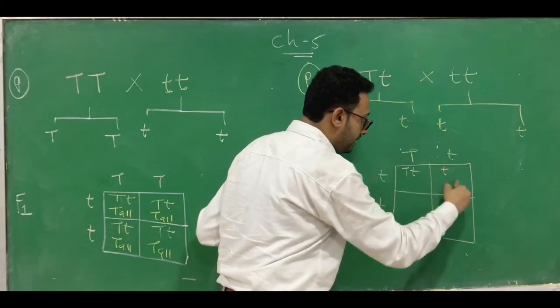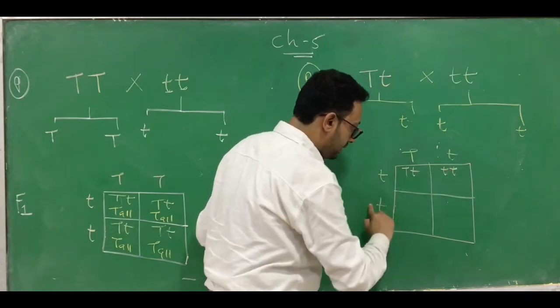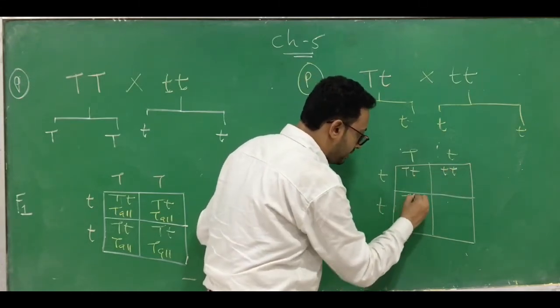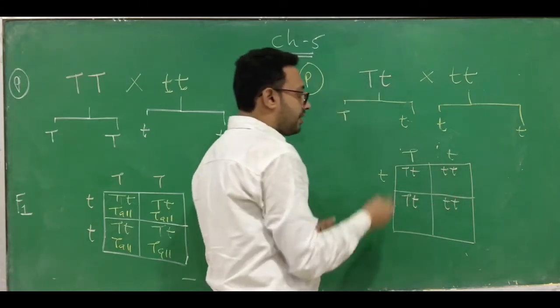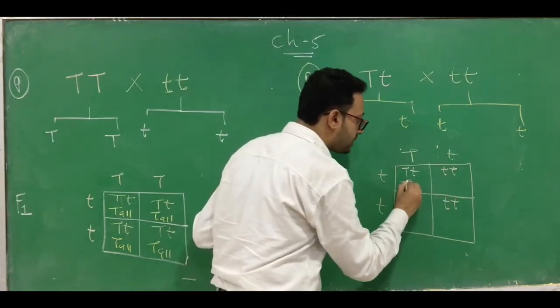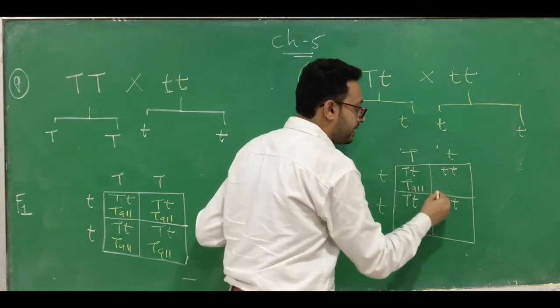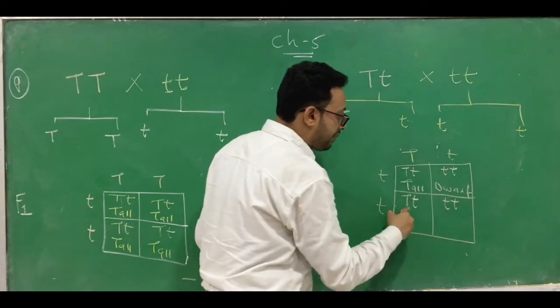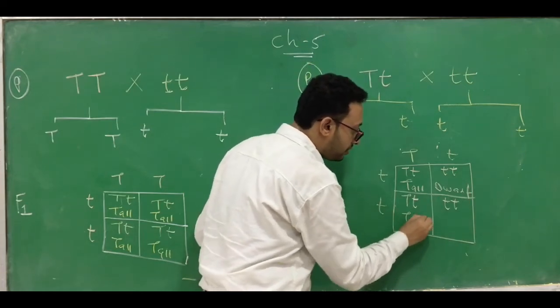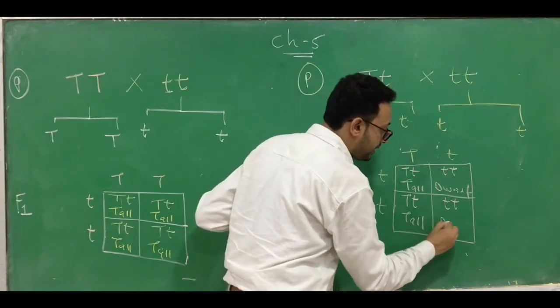Here small t. Same. Here capital T, small t. Here small t. Now you know the meaning of capital T, small t. It is tall. Here it's a dwarf. Here capital T, small t is tall, and small t is dwarf.